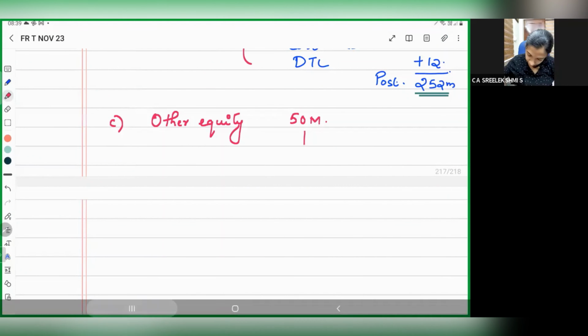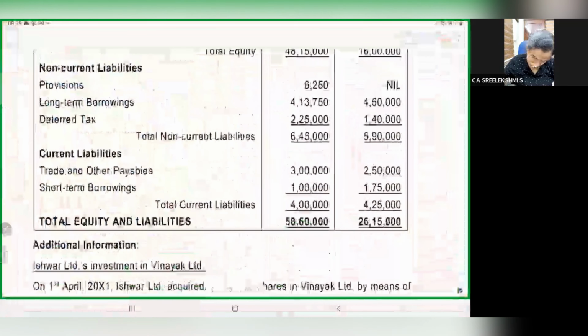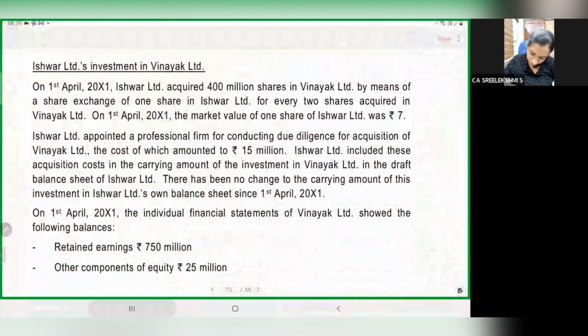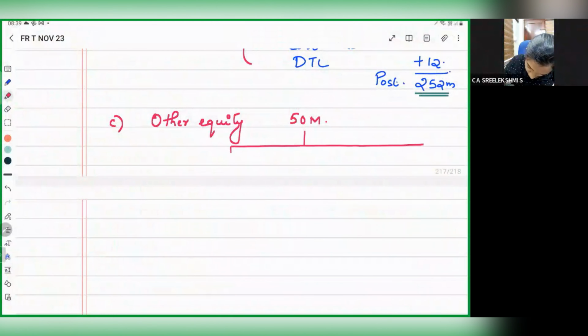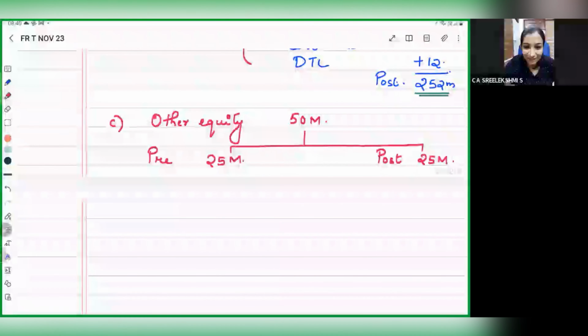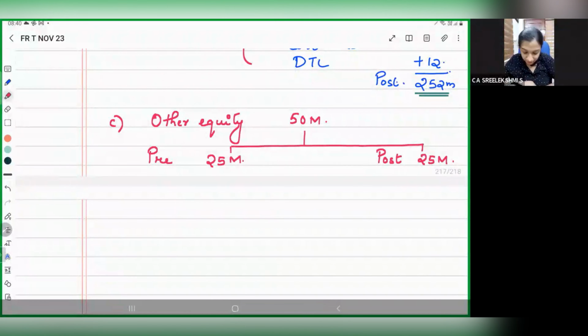What about opening? Opening have they given? It is under 25 million. So 25 million pre-acquisition. So post-acquisition for 3 years also 25 million. Okay. So have you finished reading the question?